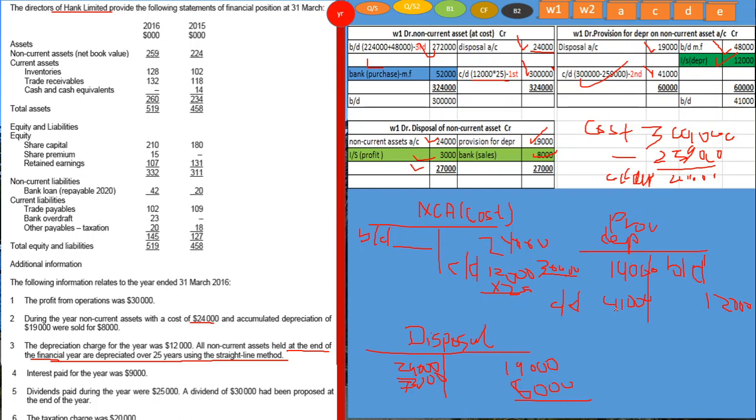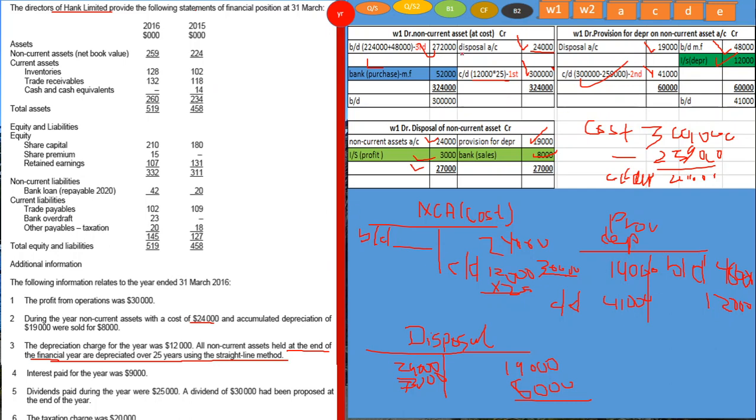Now when you have this, you add this up, and then you find the difference. You get your opening balance as 48,000. This is the important part you need to understand, 48,000. After this, you can finally prepare this one. To get the opening value of non-current asset cost, you need to add the net book value at the beginning, that is 224, plus the total accumulated depreciation at the beginning.